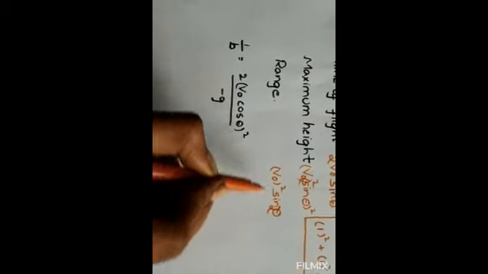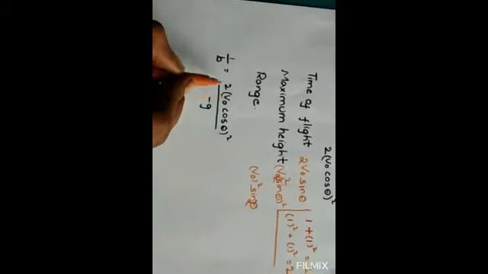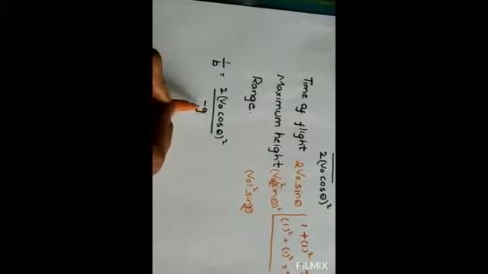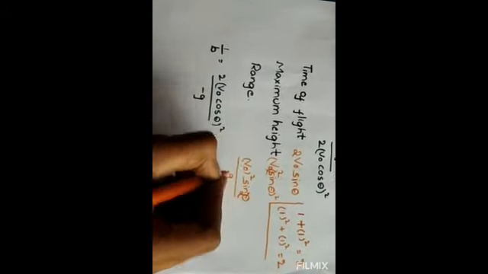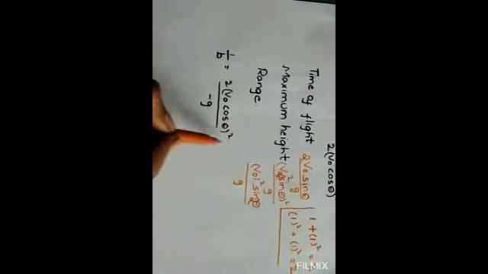Instead of cos theta, we write sin theta, and whatever will be the positive value, niche means the denominator is g. So we have to write g. G completed.